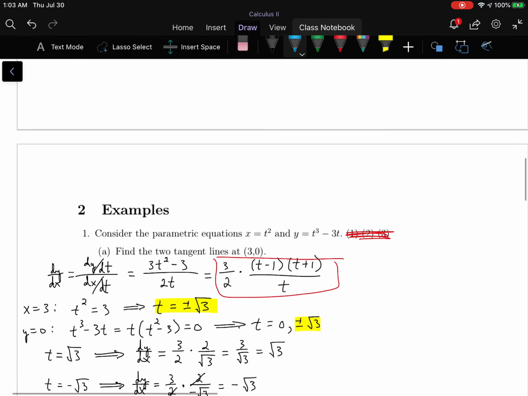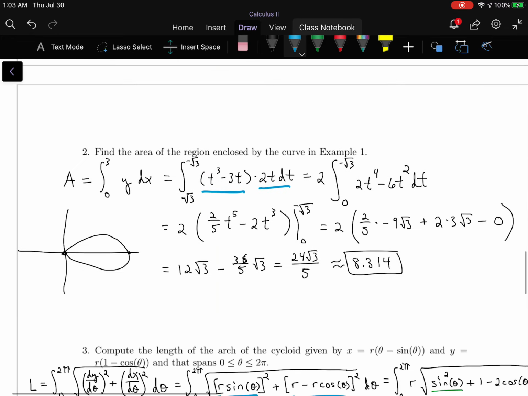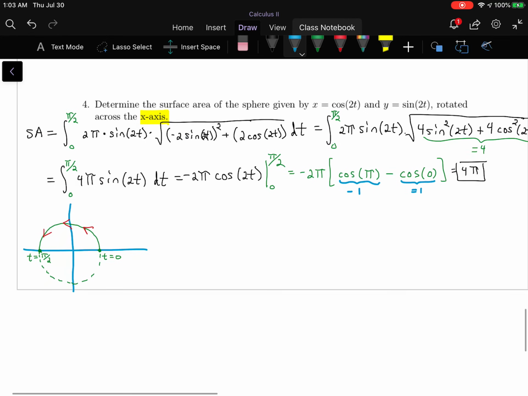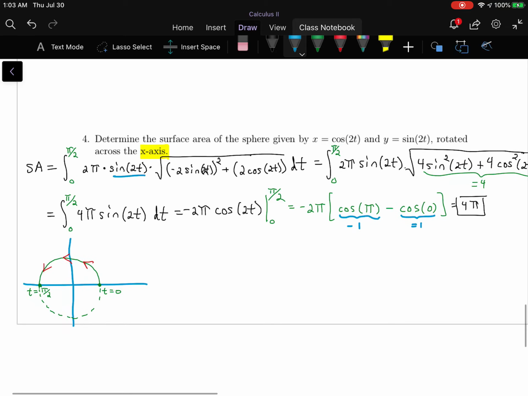Now, plugging in to the surface area formula, we've got 2 pi y times the square root of dx dt squared plus dy dt squared. And so here we have 2 pi, y is sine 2t, and then dx dt is going to be -2 sine 2t, which we are squaring, and dy dt is 2 cosine 2t, which we are also squaring.